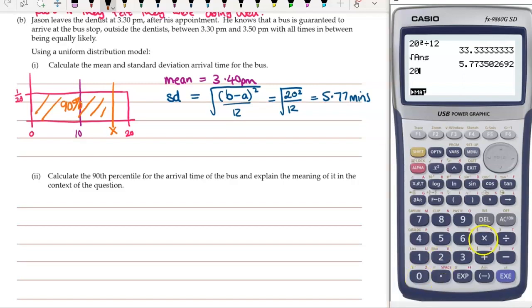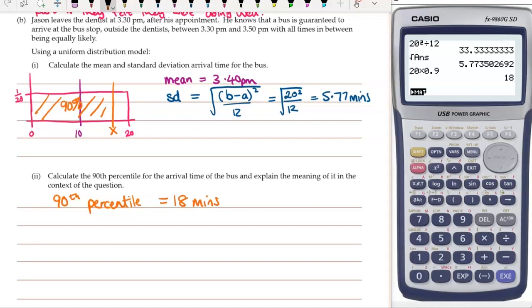We just find 90% of the length of it, which is 20. So that is 18. So the 90th percentile is 18 minutes.